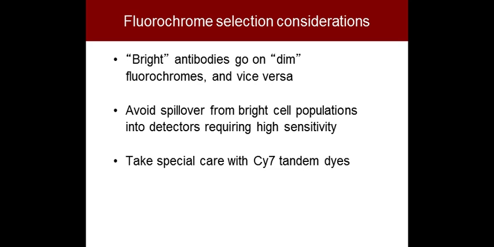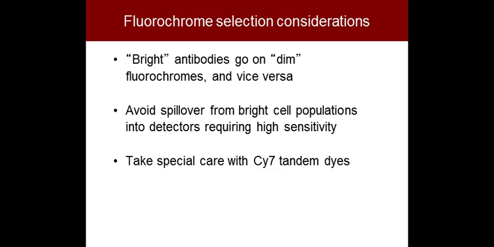Reserve the brightest fluorochromes for your antibodies that have either very low abundance targets or are for some other reason very dim. And number 2, avoid spillover from the bright cell populations into the detectors that require high sensitivity. And I'm going to have to give you an example to really explain what I mean by that, but it gets at that point that I already made about spillover affecting the resolution sensitivity.